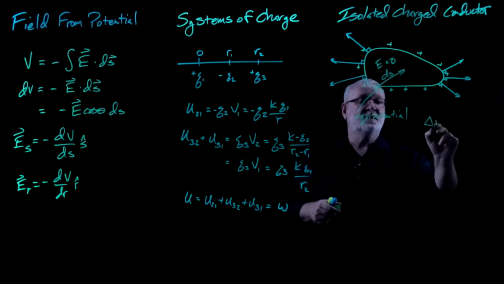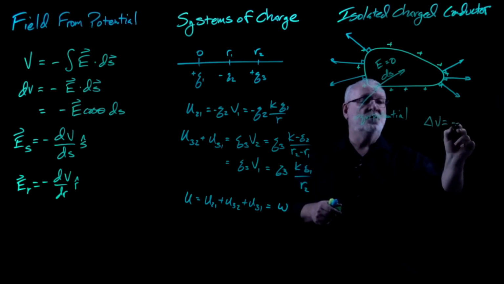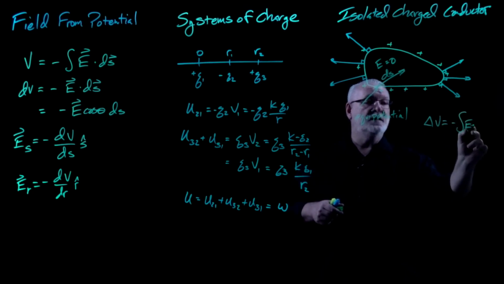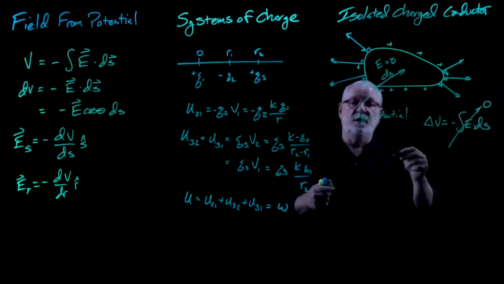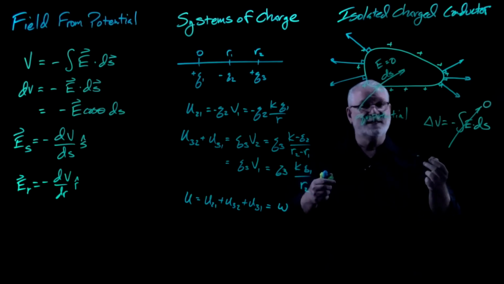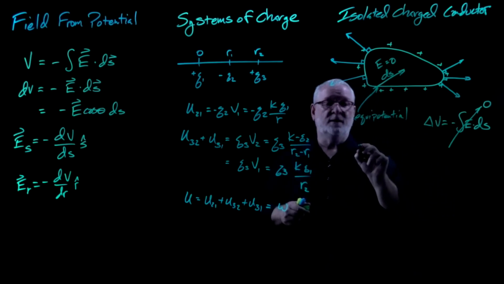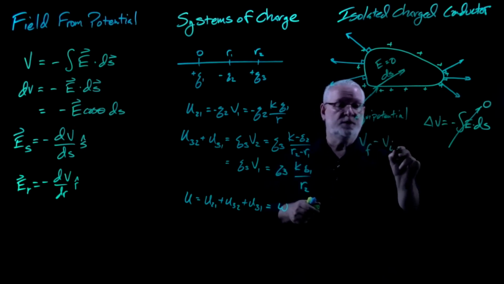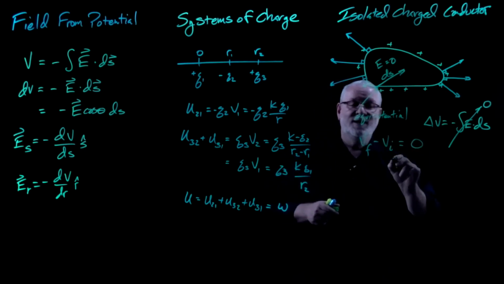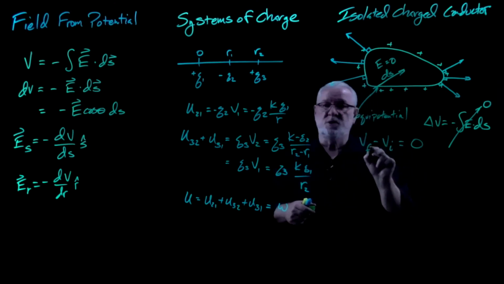So our delta V is going to be equal to the negative integral of E dot ds, and this will be 0. Now, lest you say, hey, delta V being 0 produces 0 voltage, that's not true. The definition of delta V is the final voltage minus the initial voltage, and that's equal to 0. This doesn't say both voltages are 0.